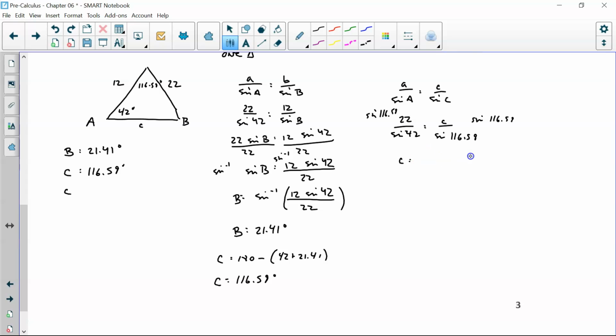So side C is going to be about 29.40, which makes sense because that's opposite the largest angle. It should be the largest side. All right, let's go to the next page, and we'll keep referring back to this.